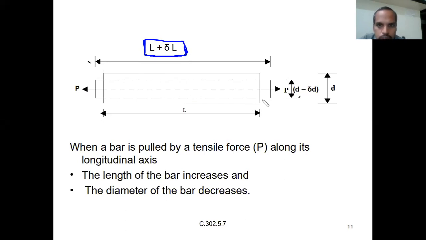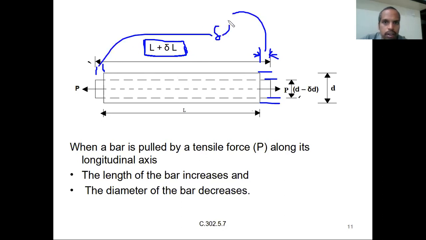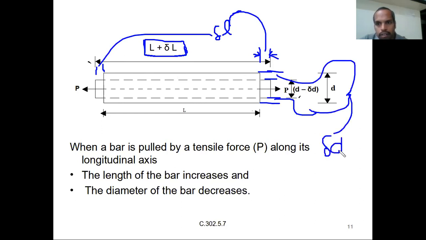This is nothing but the decrease, and this is nothing but the increase, right? On both sides the increase will be constant. Both put together is nothing but delta L, and similarly this plus this together is nothing but delta D. So how much does it decrease for tension?